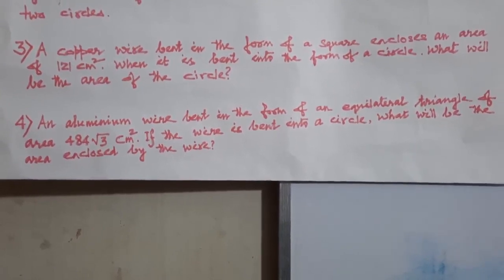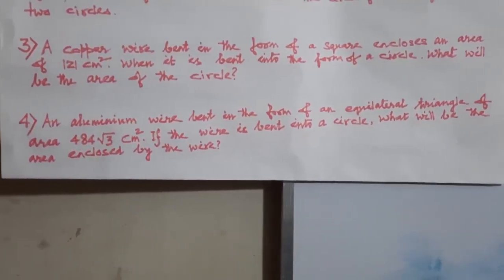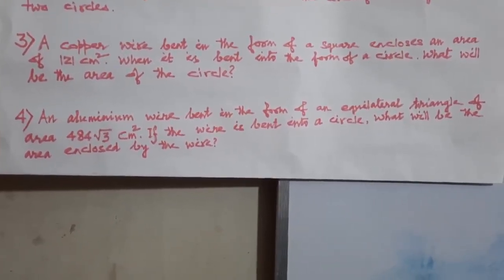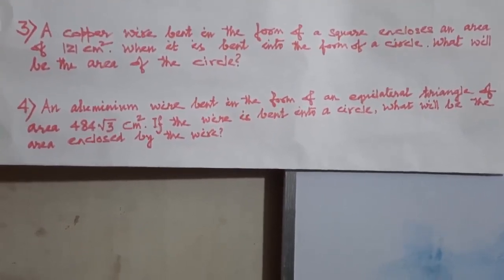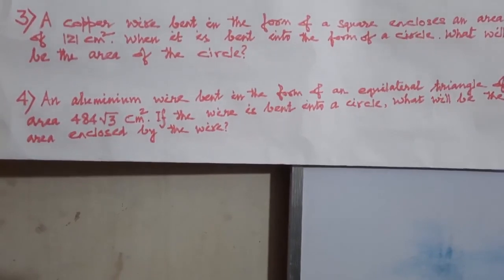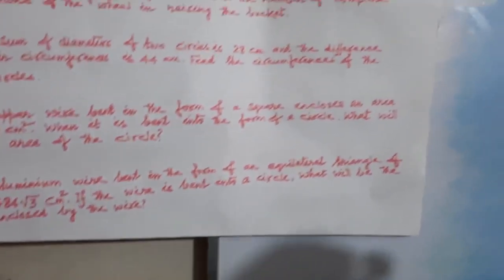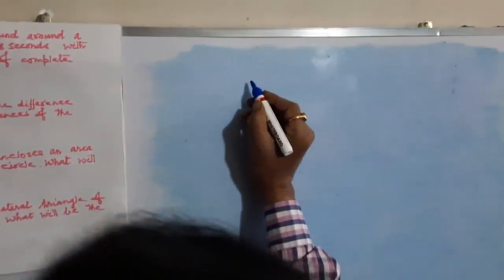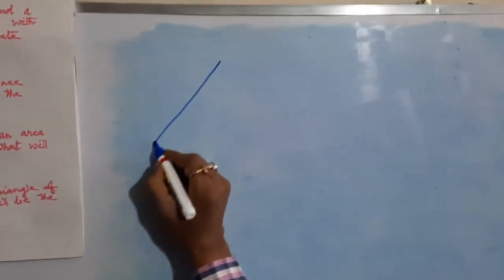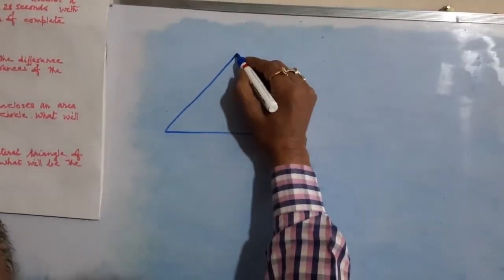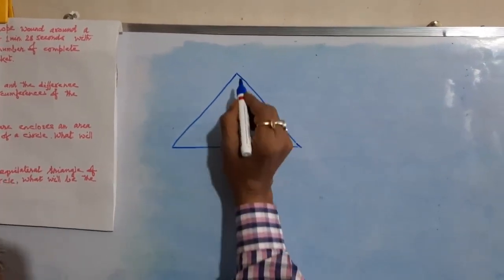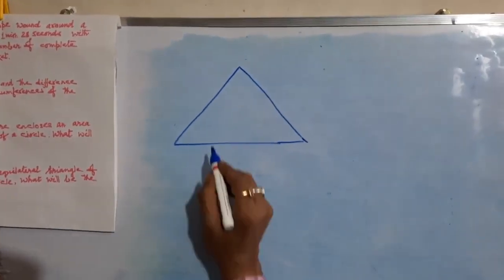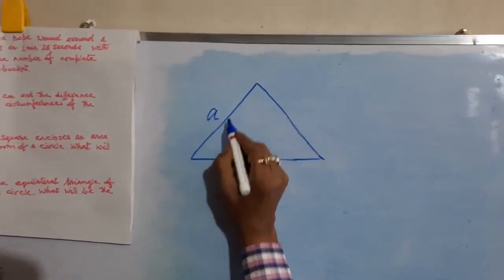Now we know that an equilateral triangle has equal 3 sides. So this is an equilateral triangle.